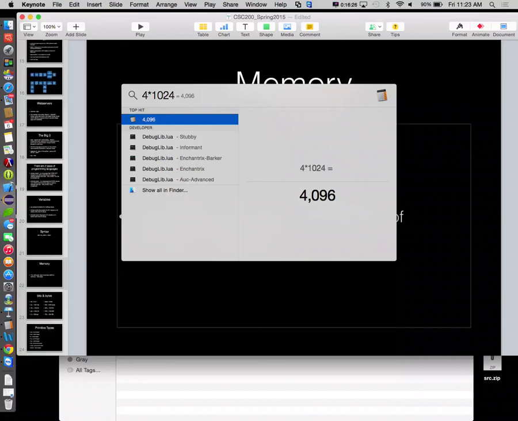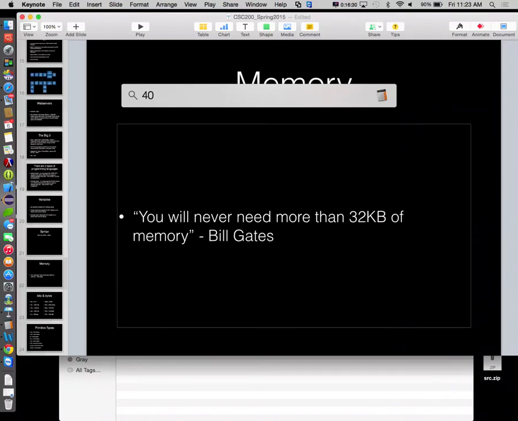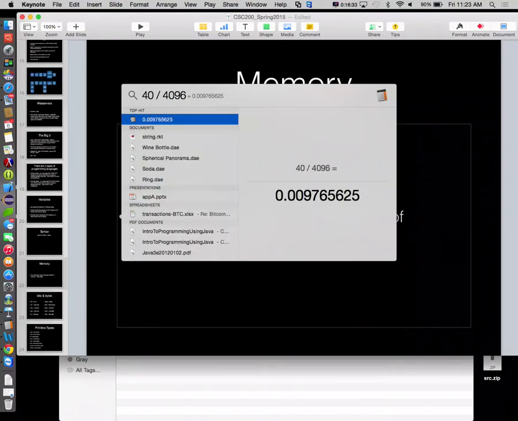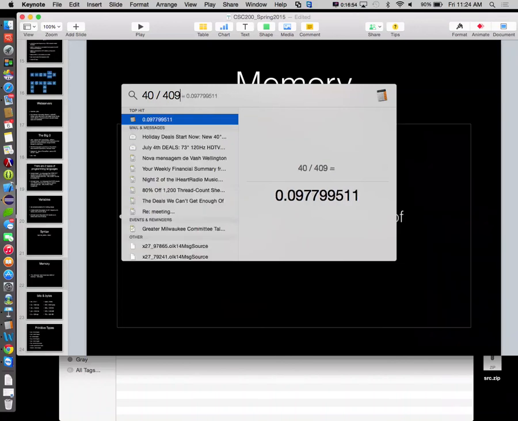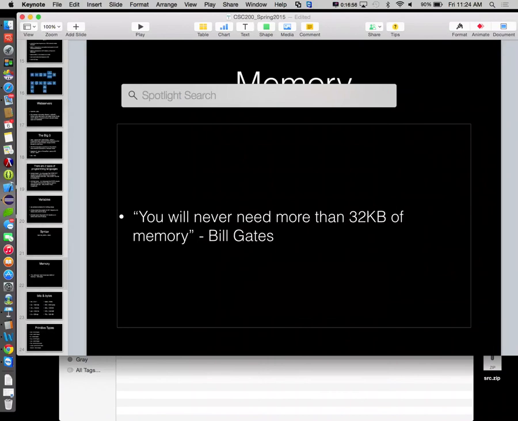So we're going to say 40 divided by 4,096, and that's $0.009 per megabyte. So times 100. Actually, no, it's 9 cents per. Yeah, it's 9 cents per. So you pay 9 cents per megabyte to do your upgrade.